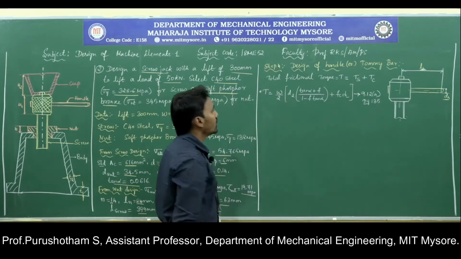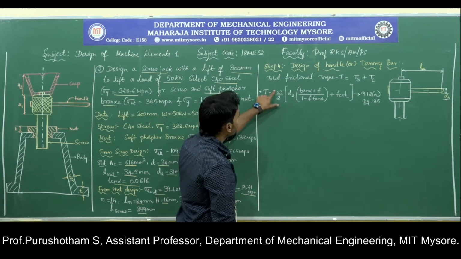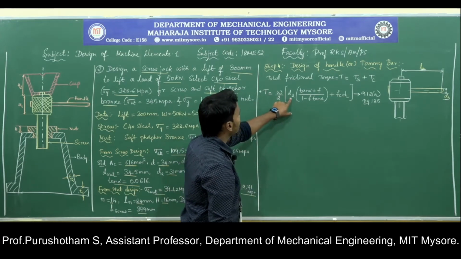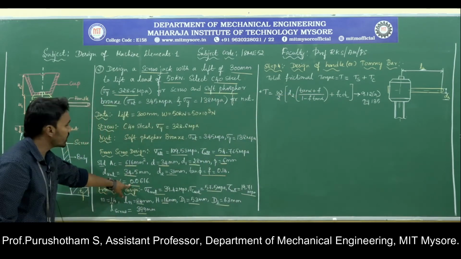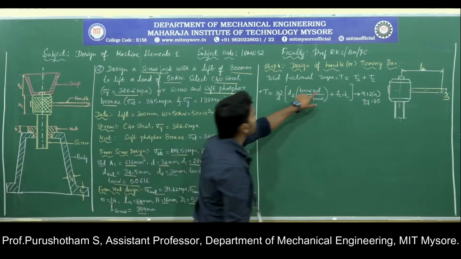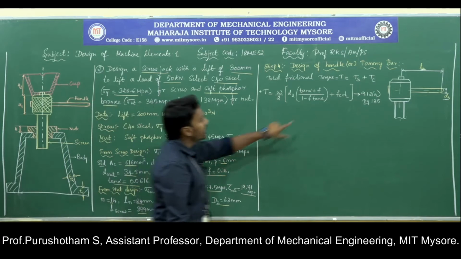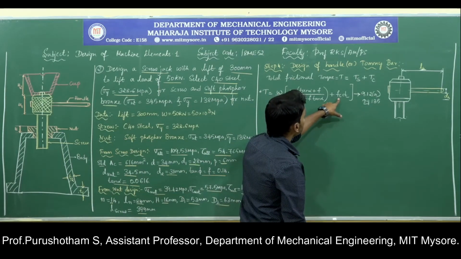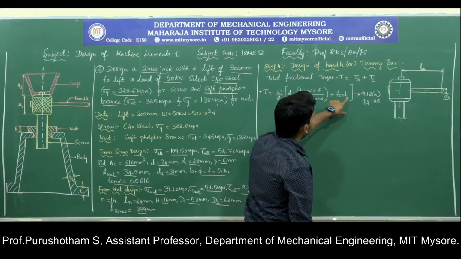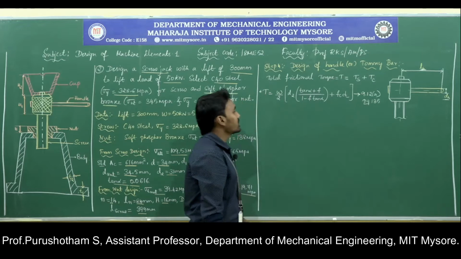In this equation we know the value of the load, this one is the mean diameter of the screw, and tan alpha is also known, calculated in the design of screw. The coefficient of friction for screw is also known, then FC DC, we just calculated the collar friction in the screw head design, with the mean diameter of the collar in step number 3.